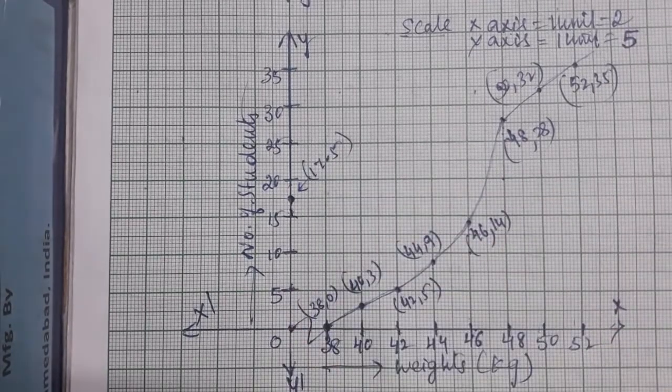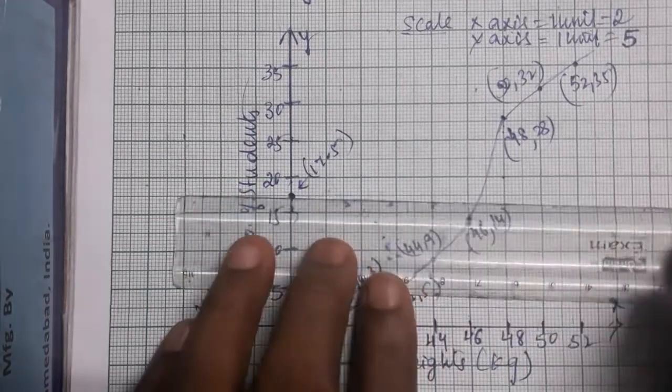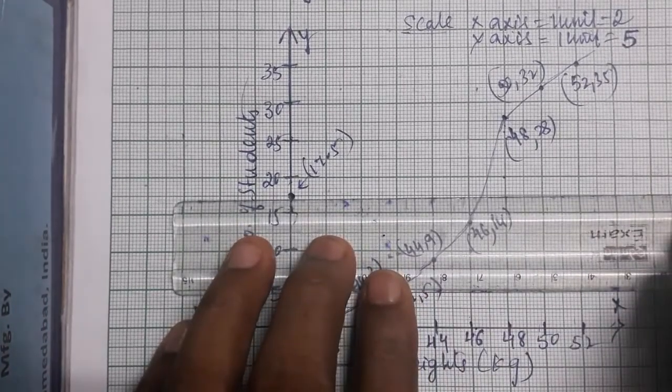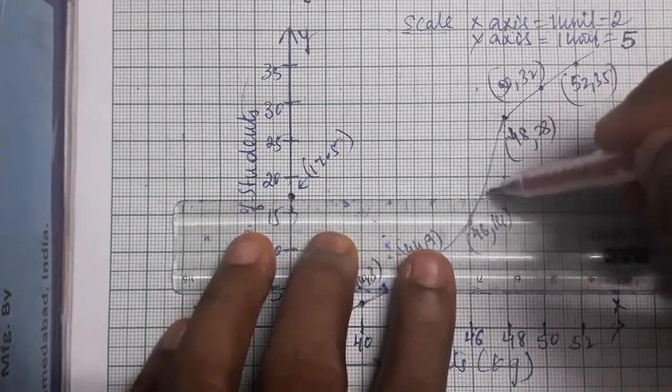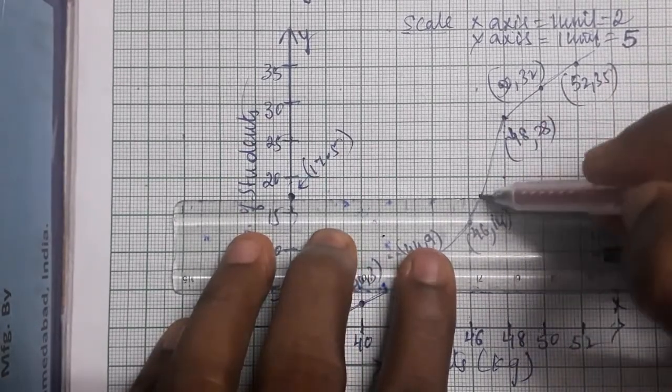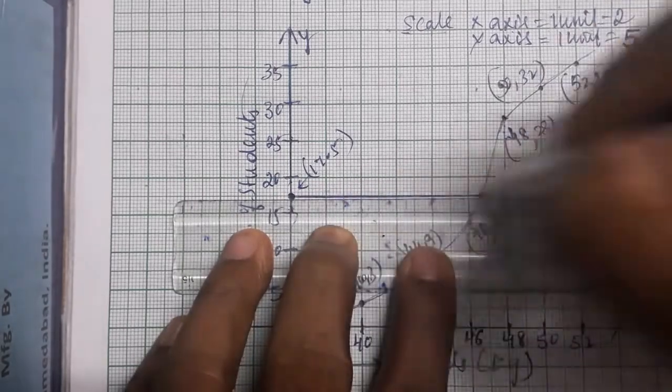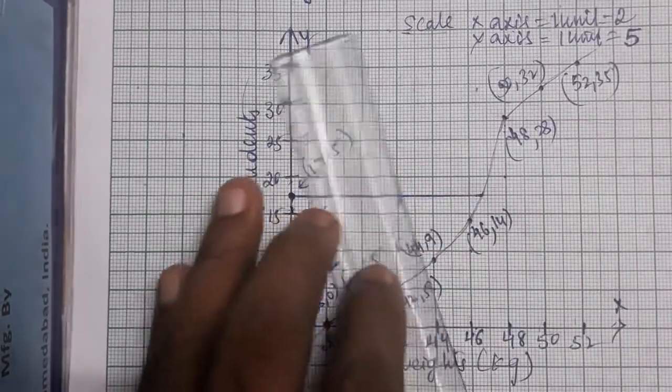Okay. So now you have to take a scale. You have to draw one horizontal line, and that horizontal line should touch your ogive.